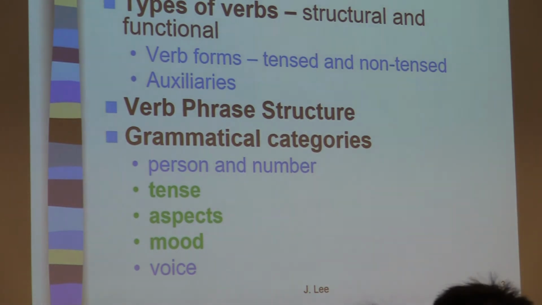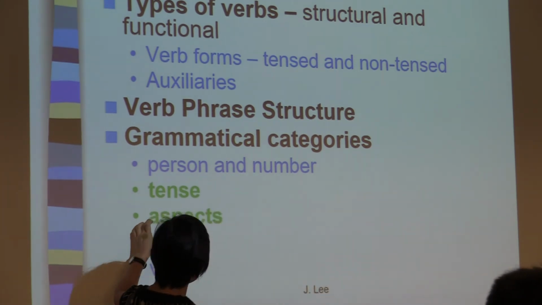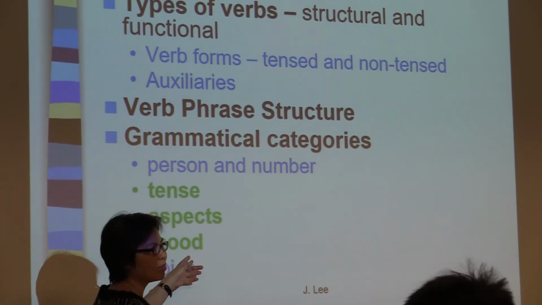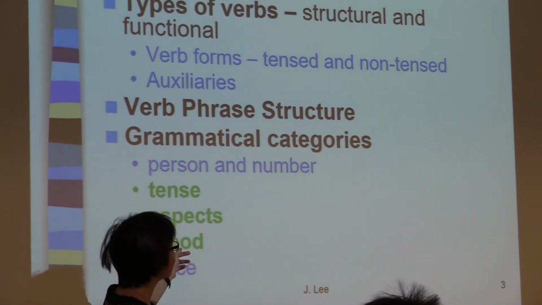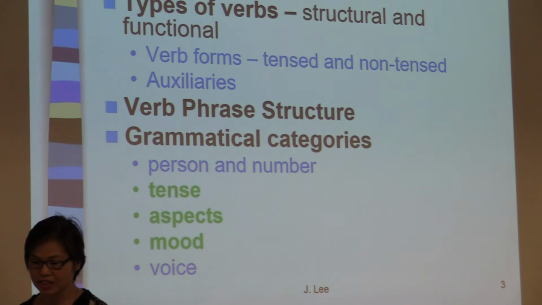And then today we'll focus on verb phrase structure and the different grammatical categories associated with verbs. And we'll focus on tense, aspect and mood, about modality. I think you should have read it when you looked at auxiliaries.